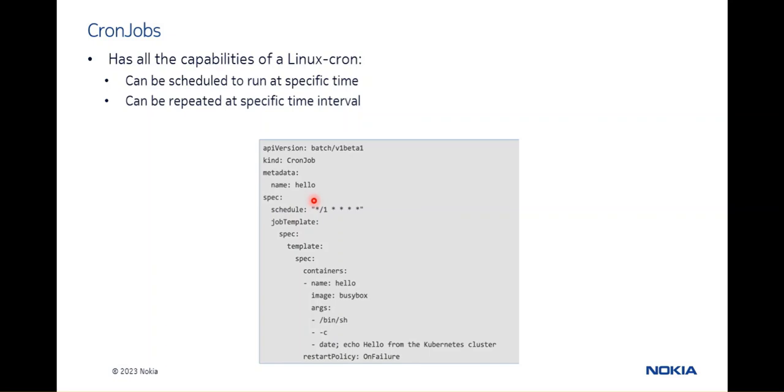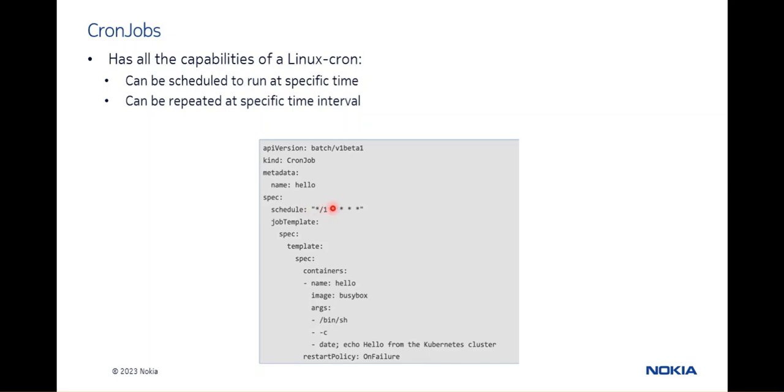This notation, this syntax means that the job is scheduled to run every 1 minute. This second parameter specifies which hours of the day we want to run the task, and this one which days of the month, which months, and which specific days in a week. Basically, this is the syntax in a nutshell.